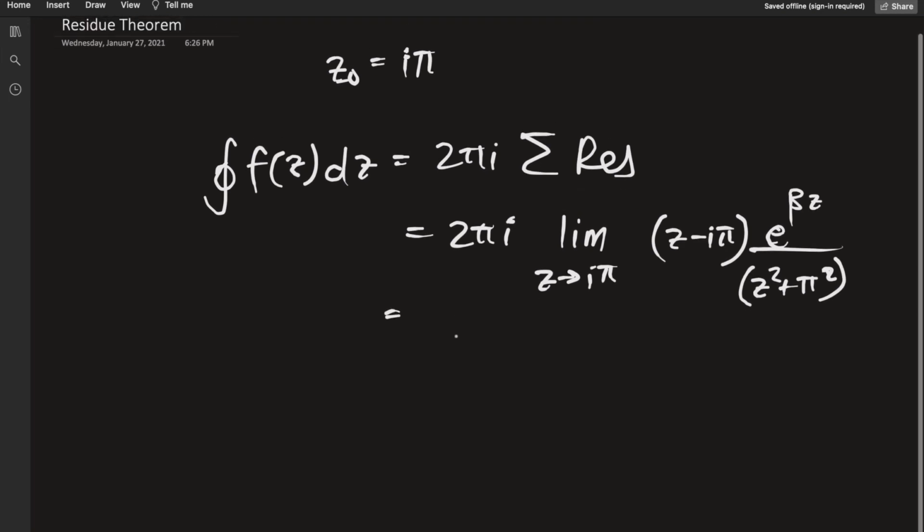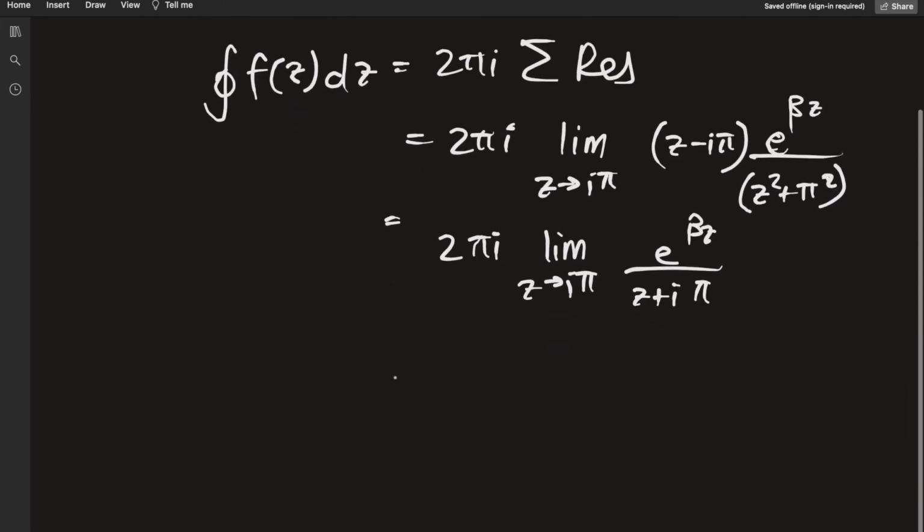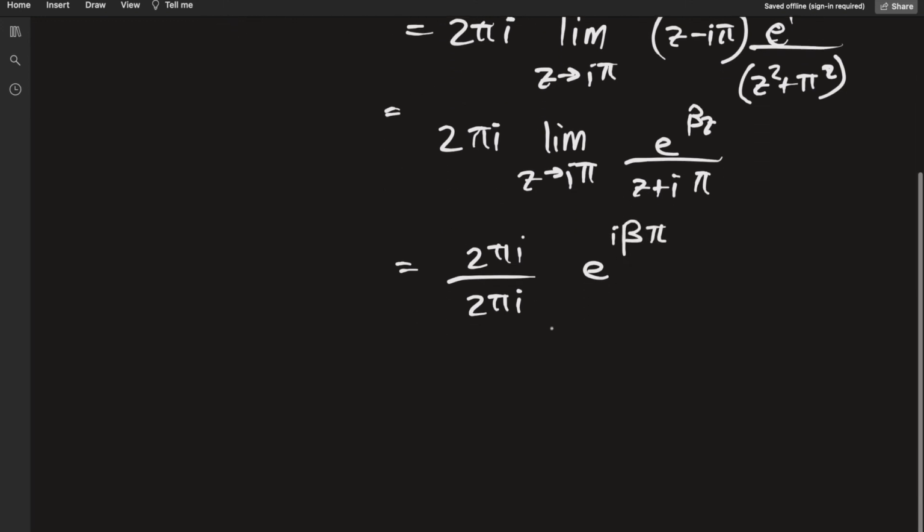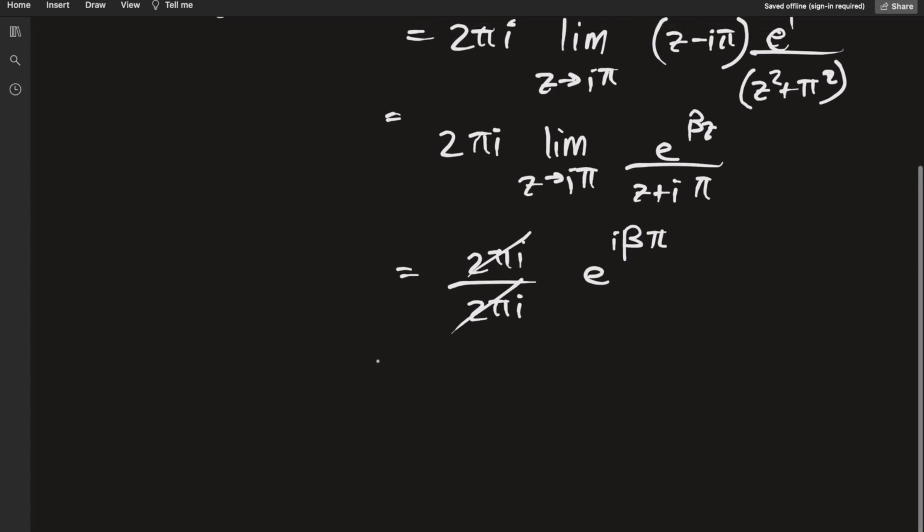One of the factors is going to cancel out, so we have 2 pi i, limit as z goes to i pi, e raised to beta z over z plus i pi. i pi plus i pi is 2 i pi, and e raised to i beta pi. This cancels out.